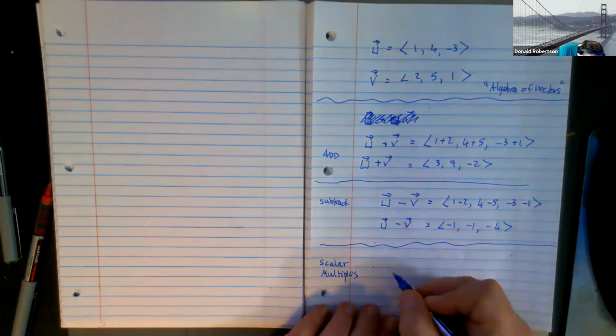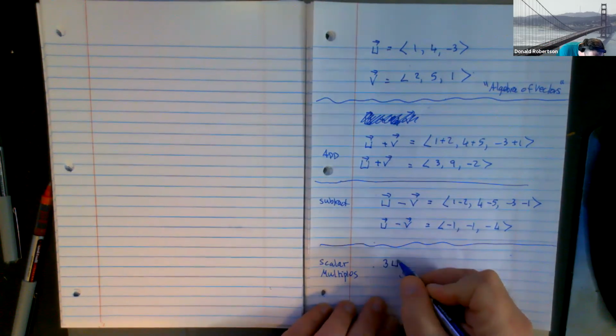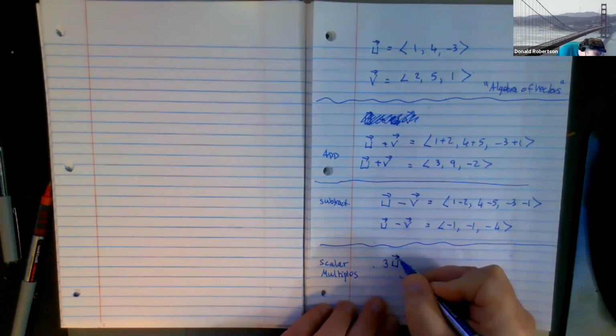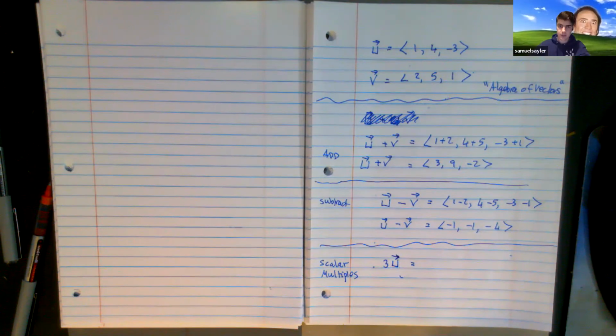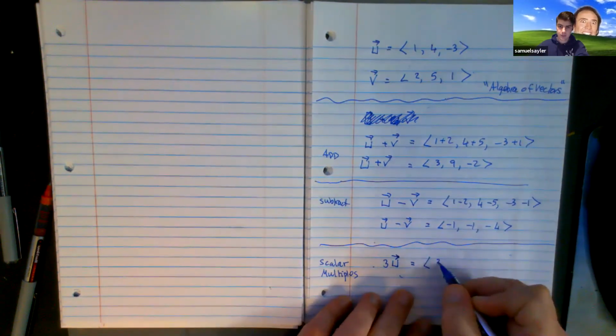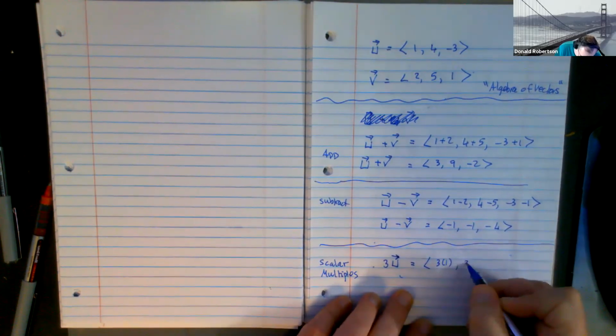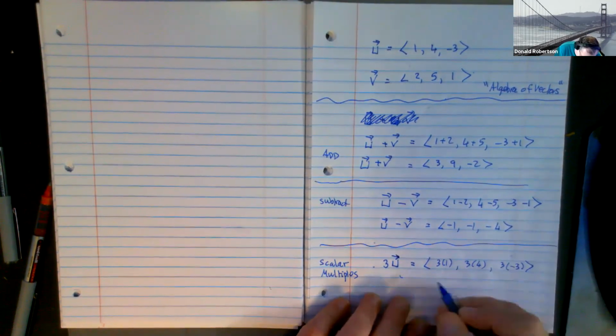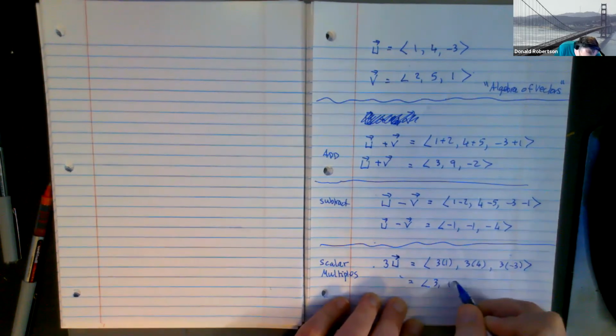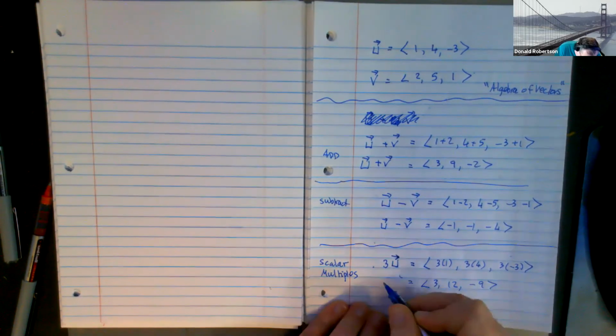So, first time you've seen a vector in your life, what would be a sensible way of calculating what 3 u's would look like? Multiply the X, Y, and Z's by 3. So 3 times 1, 3 times 4, 3 times -3.